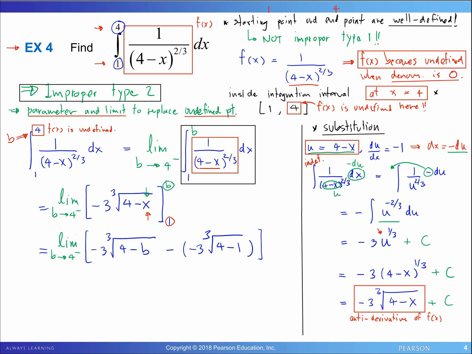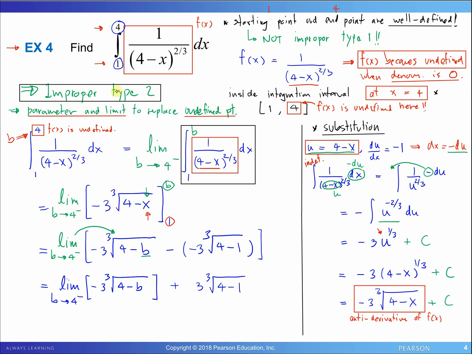This limit, by the way, only applies to the front term because it has b in it, right here. And now we have the limit of minus 3 cube root of 4 minus b, when b approaches 4 from the left-hand side, plus 3 cube root of 4 minus 1.